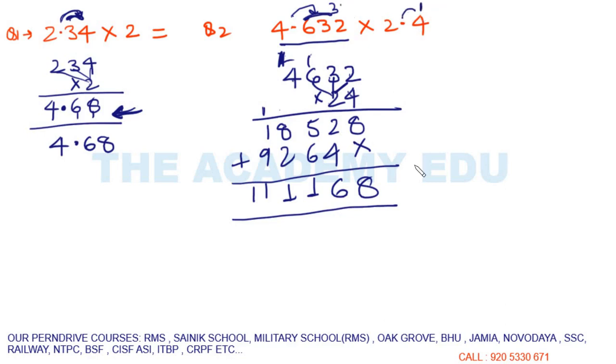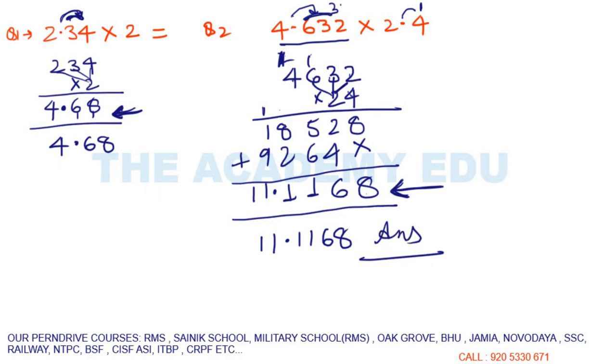So 3 plus 1, 4 digits. So we will put the point in the answer from this side. We count 4 digits, 1 2 3 4. So the point is here. So the answer is 11.1168. This is how we multiply a number with decimal. Got it?